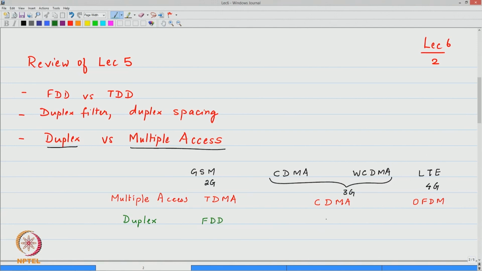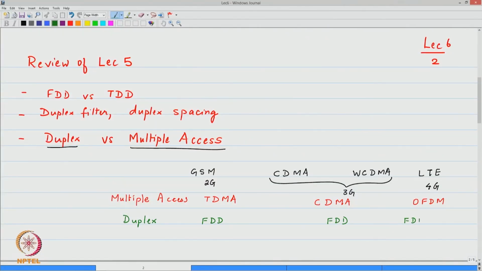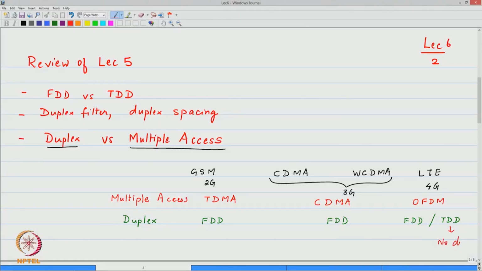The CDMA system uses an FDD system also, and the LTE, the fourth generation, can have an FDD or a TDD system. So, the minute you have a TDD system, you do not need a duplex filter. So, in this case, we can straight away write down no duplex filter.